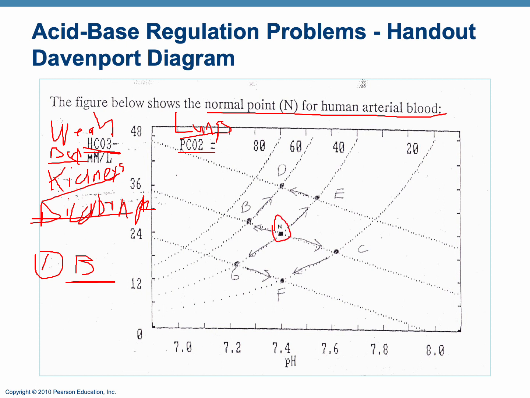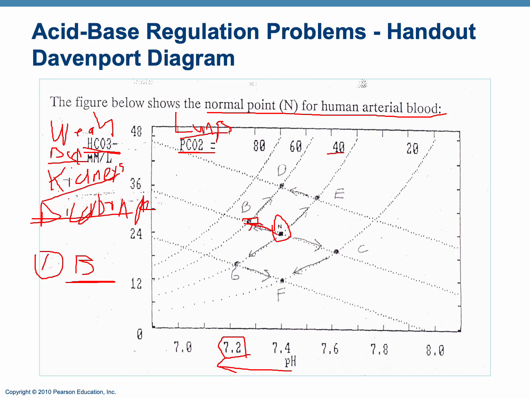So when we go from N, we make our way to B. Here's letter B on the graph. We've noticed some changes here. The pH has gone down, so this is definitely an acidic condition. Now the pH is 7.2. There's also been a change in the amount of carbon dioxide.